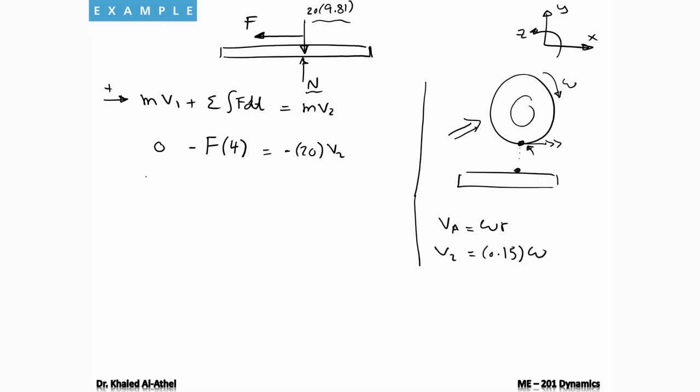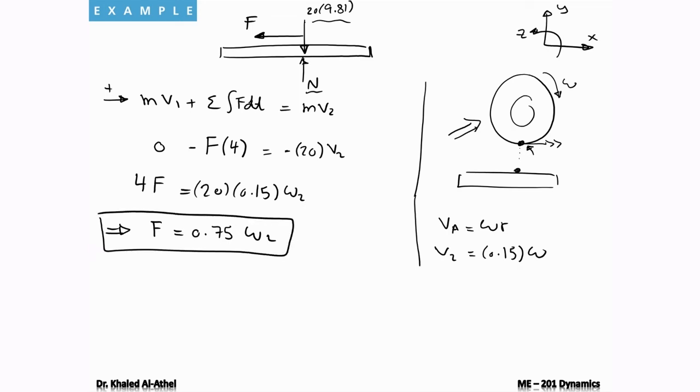So back to that point, I'm going to say 4F, just take the minus out, it's going to equal 20 times 0.15 times omega 2. In this case, I will have F should equal 0.75 omega 2, and this is my second equation with the two unknowns.